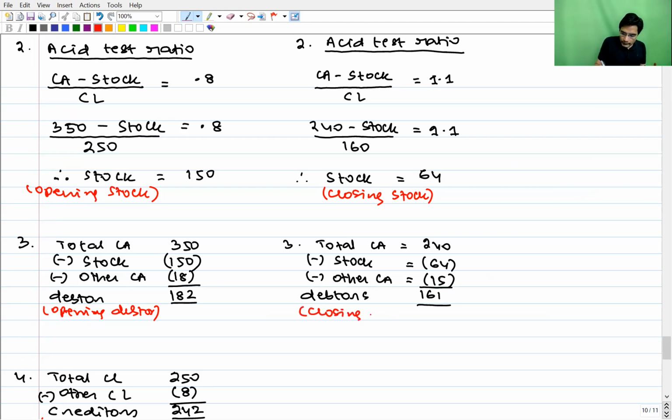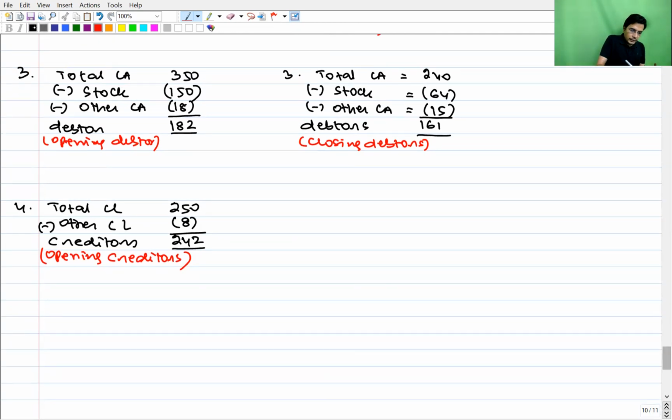This is closing debtors. All right. Number 4. Similarly, we can find out the closing creditor also. Total current liability at year end is 160.